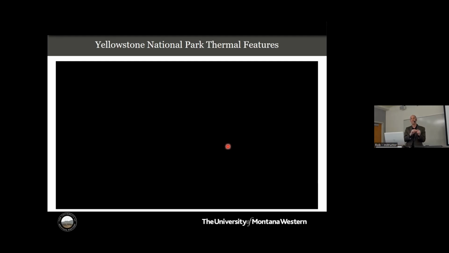And last, Yellowstone, the world's largest explosive volcano. Sitting on top of it is a thin crust of rock that's very hot from that magma chamber in the subsurface and full of fractures from the formation of the caldera itself.